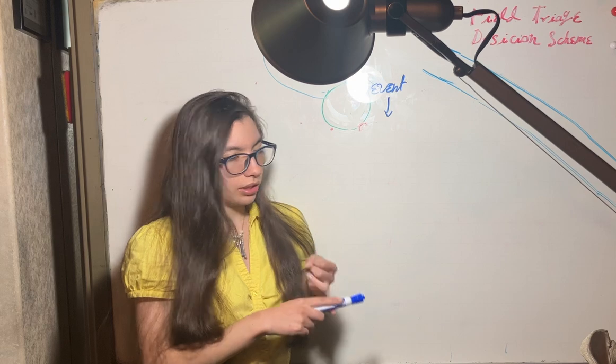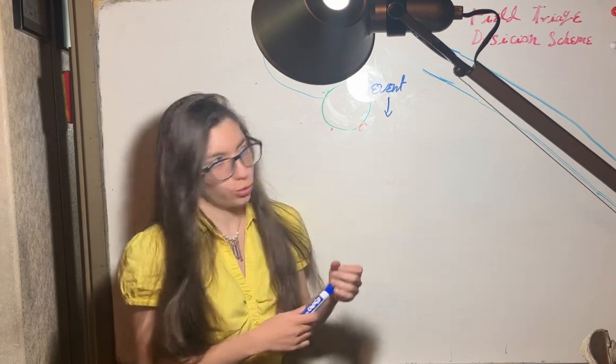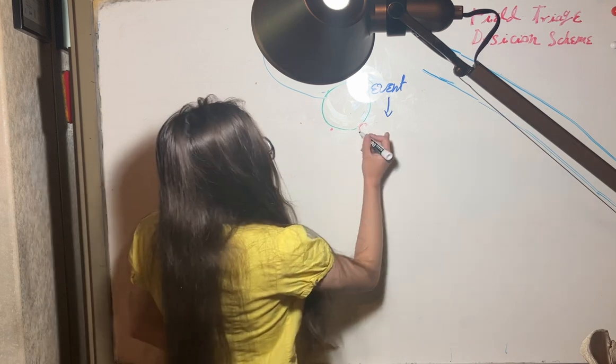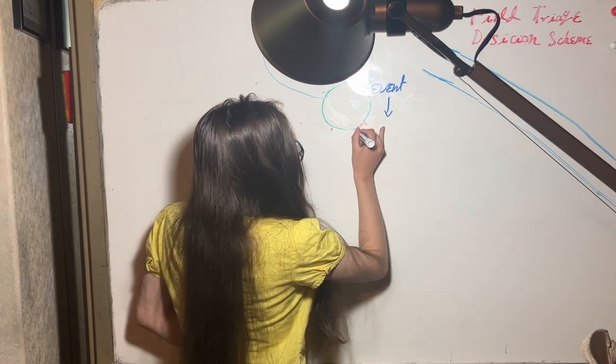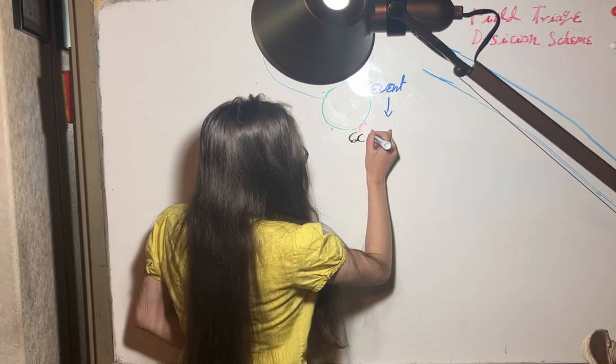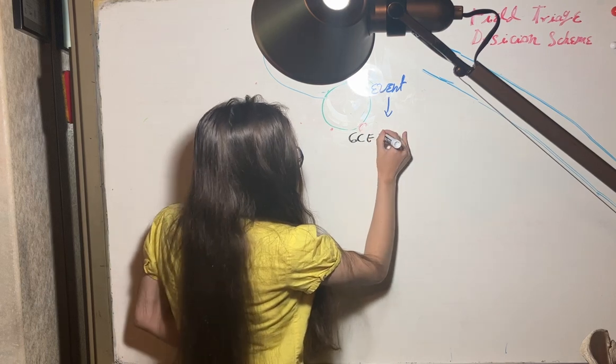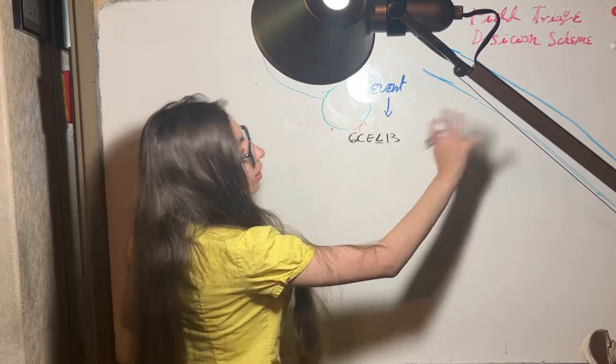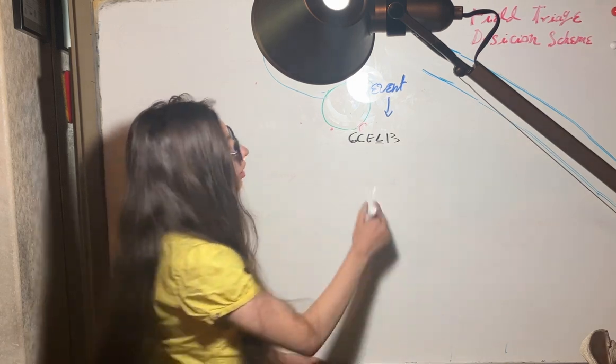Depends on the vital signs and the level of consciousness. So here we ask what is the Glasgow Coma Scale. If this is less than or equal to 13, the patient needs to go to a trauma center.